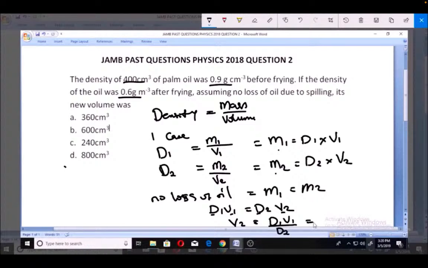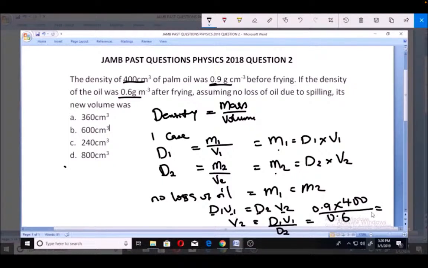So this is equal to, D1 is what? We know that D1 is 0.9 times, what is V1? V1 is 400, all over, what is D2? D2 is 0.6.